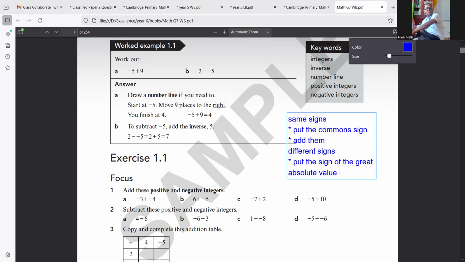What I mean by the greater absolute value is the one that is farther from the 0. Step number 2, find the difference, or we can say in another way, subtract.